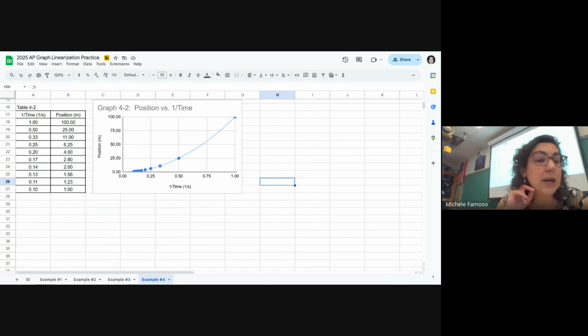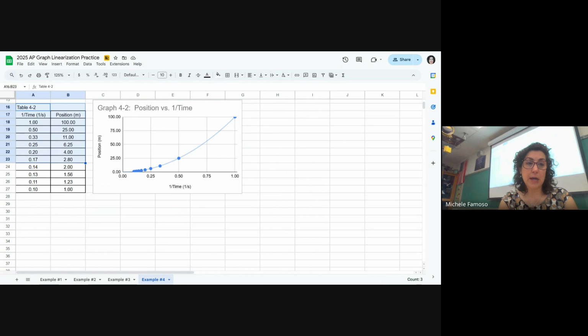Okay, so not really square the time, but we had to square whatever was on the x-axis. So in this case, what's on the x-axis is 1 over time. So what we're going to square is 1 over time. So we'll end up with 1 over time squared. Okay, and that's what table 4.3 is going to be. So let's go ahead and copy table 4.2 over.